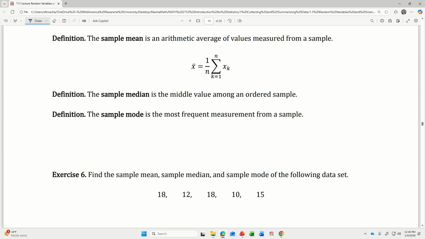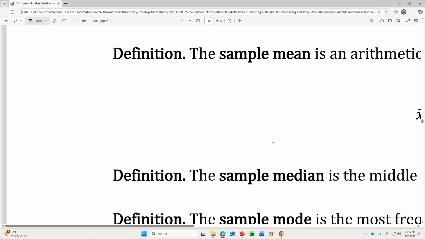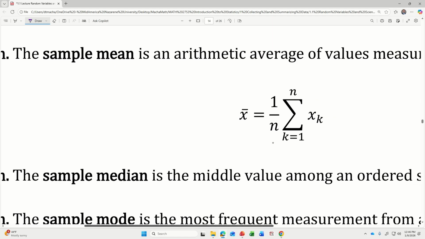Okay. The sample mean is probably what we're used to calling an average. You add up the measurements and you divide by the number of measurements. This might look a little bit goofy to you, so I'll try to explain the symbols for sample mean. This is a capital Greek sigma.